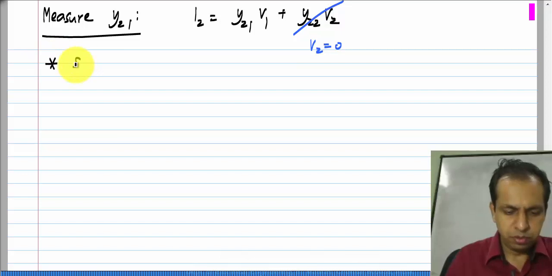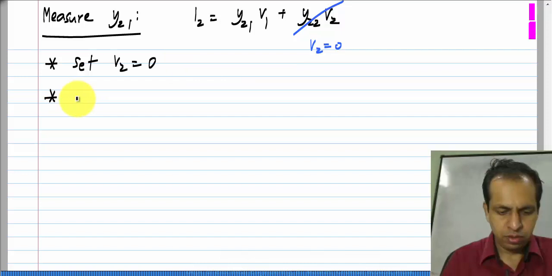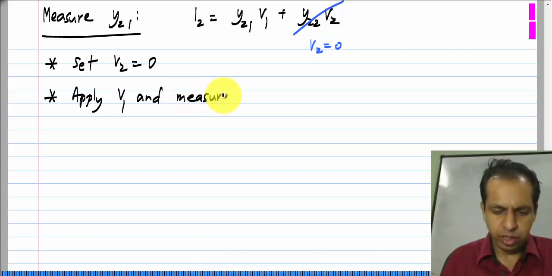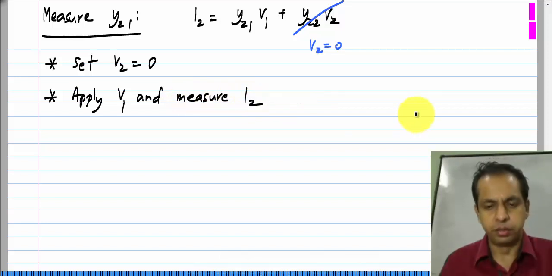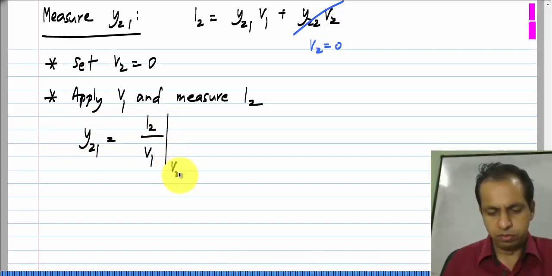So, set V2 equal to 0, apply V1 and measure I2. Y21 will be the ratio of I2 by V1 with V2 being 0.